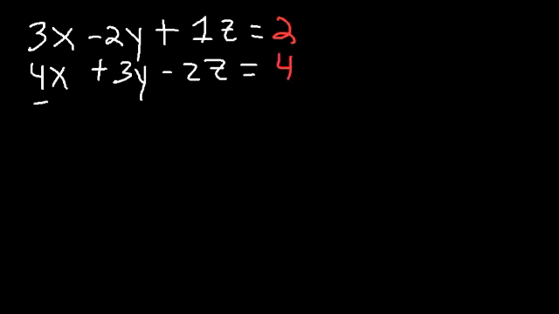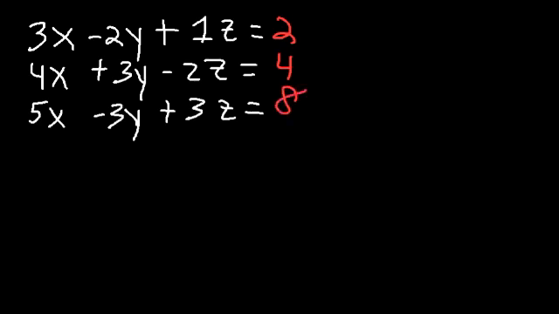And finally, 5x minus 3y plus 3z is equal to 8. So let's find d, dx, dy, and dz. So let's start with d. Actually, let's put it here.